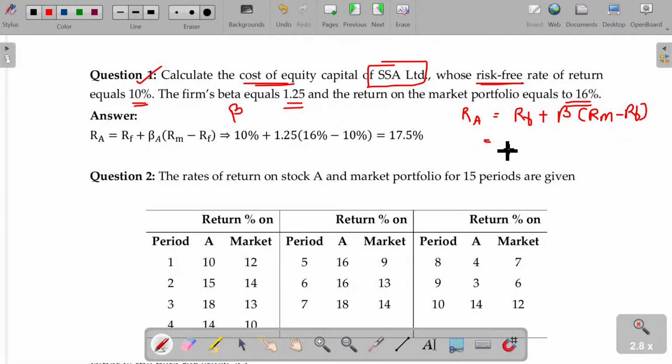Risk-free return in this case being 10% plus beta being 1.25 times, RM being 0.16, RF being 0.1. If you calculate, the final answer being 0.175 or 17.5%. Is that okay? This you might have studied along with the KE calculations under cost of capital chapter.